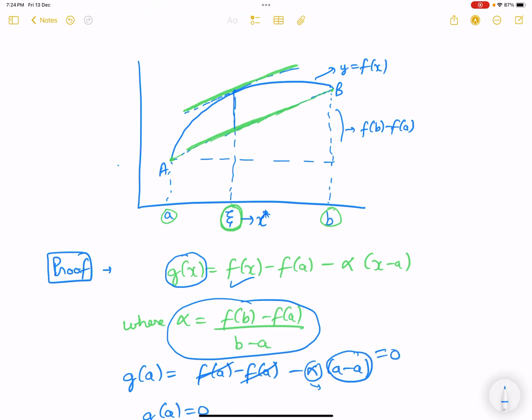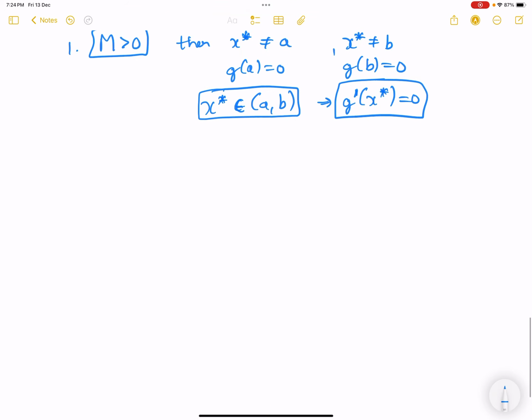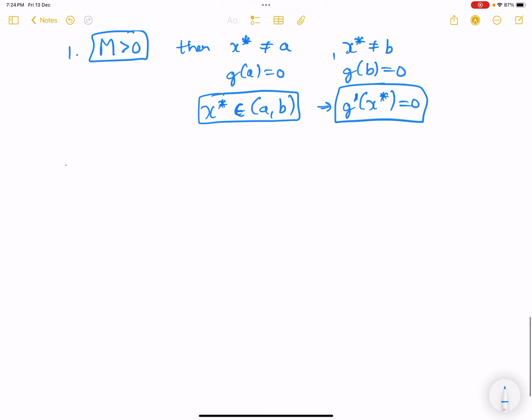Now suppose we are talking about m less than 0. So the minimum value m is less than 0, which occurs at x subscript asterisk. Then x cannot be equal to a because g at that point would be 0, but we know the minimum value is strictly less than 0.